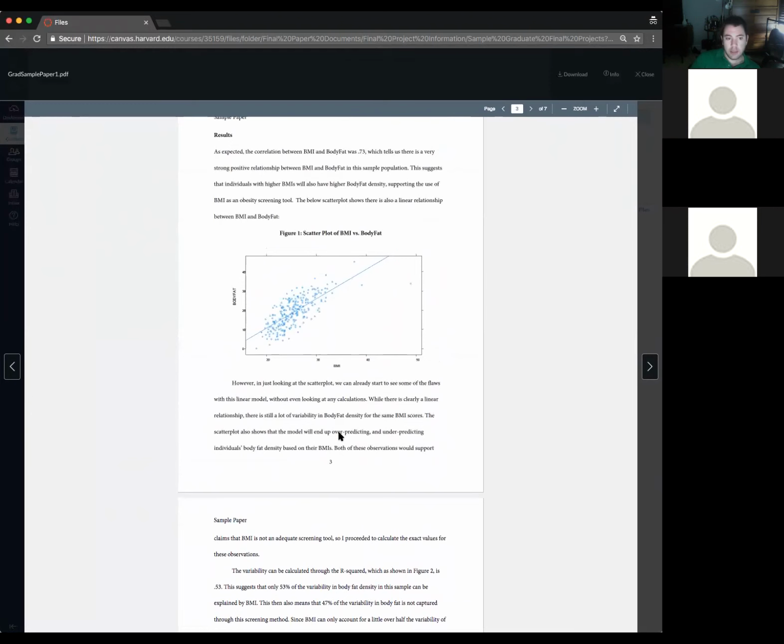Here you can see the student used R to make a scatter plot between BMI and body fat and a linear regression model. Even just from the figure, there's a positive linear relationship between the 2 variables, and it's a moderately strong relationship. The correlation was calculated to be 0.73, so the student says it's very strong.